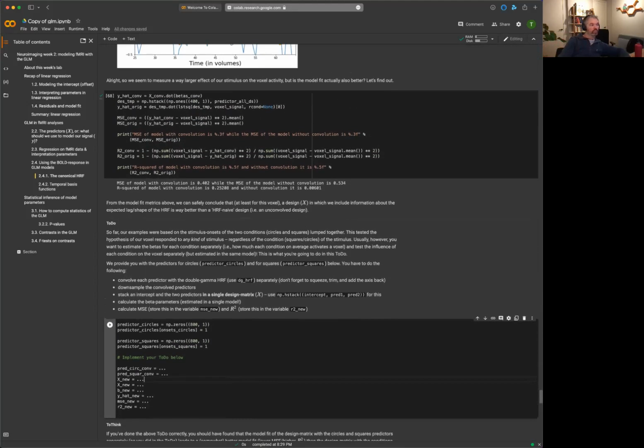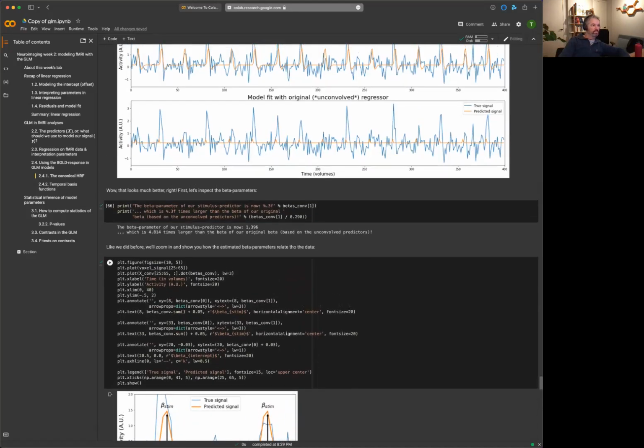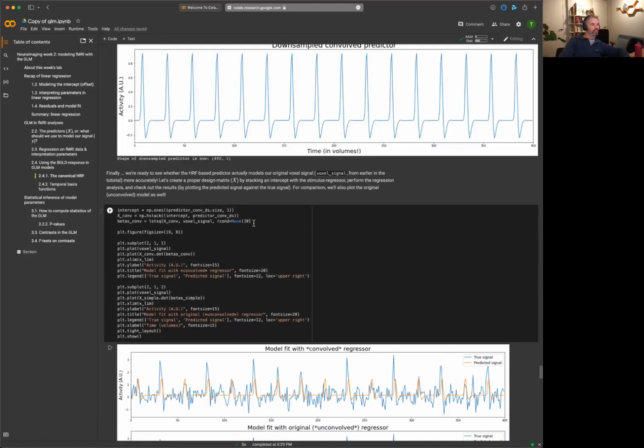So now we're going to do things differently. We are going to separate these two types of events into different predictors and fit them separately. So each of them will get their own beta weight. And because, of course, yours truly is lazy, we're just going to copy bunches of code.